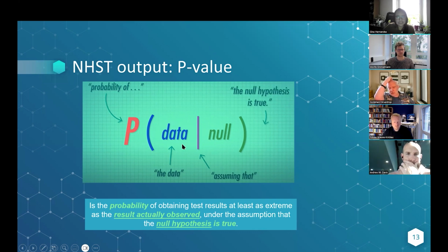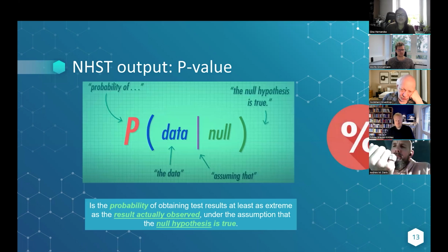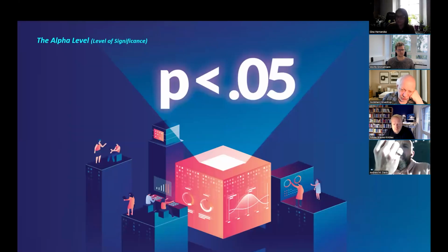So once again, it's just the probability of obtaining test results at least as extreme as the results that we are observing under the assumption the null hypothesis is true, the likelihood. This is the true definition of null hypothesis significance testing.